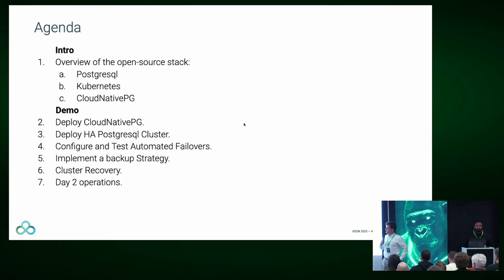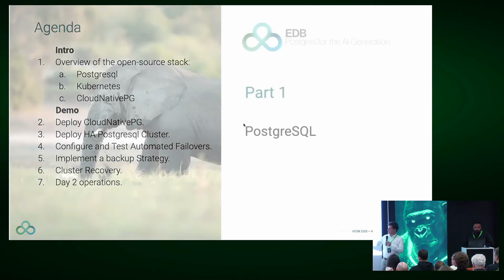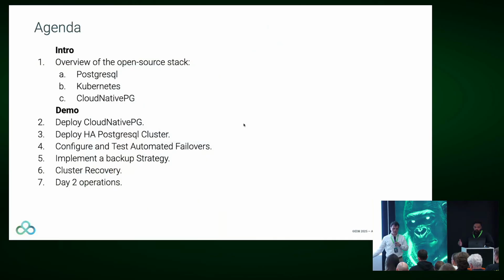The way we're going to structure the talk is I'm going to do an introduction and talk about the stack that we're going to use. Then Danish is going to do a hands-on live demo after that. Our stack is entirely open source.